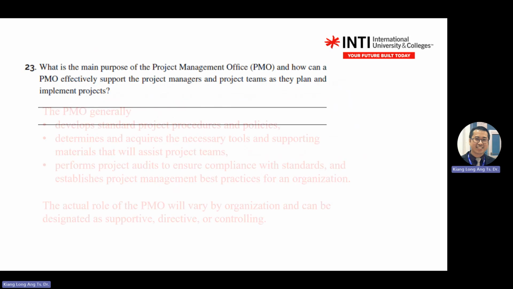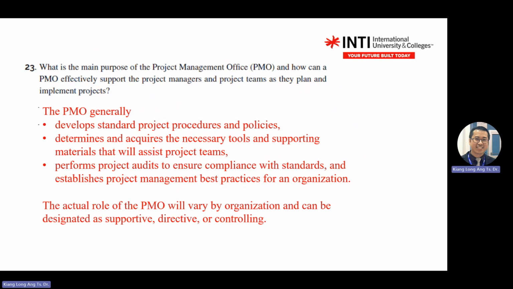This one is on the PMO. PMO, this one, go and read. In the Canvas PM book, these are only some ideas about PMO. So go and read. Okay, go and read. PMO generally what? Office does what? You look at procedures, policies, and decide the tools and resources they need.